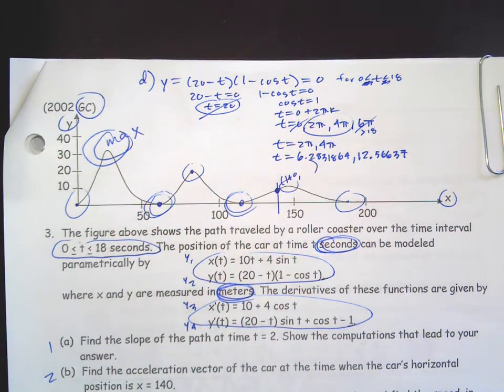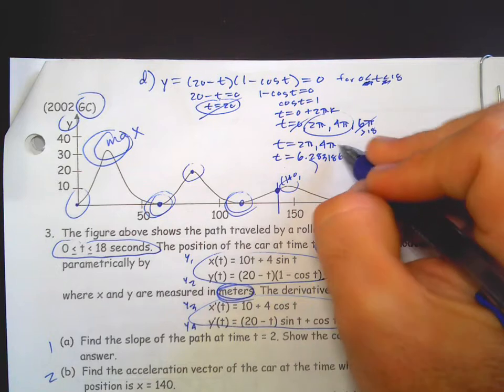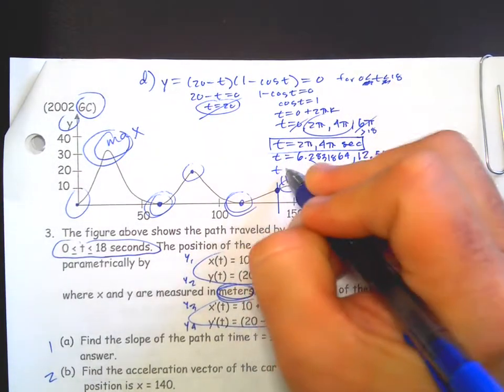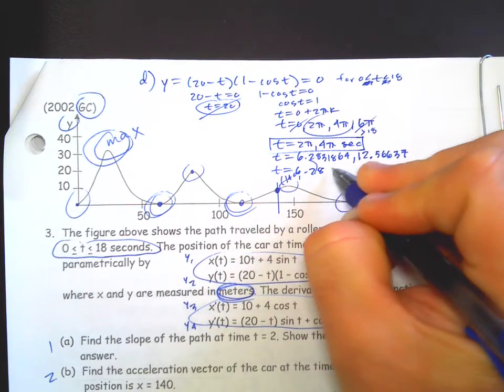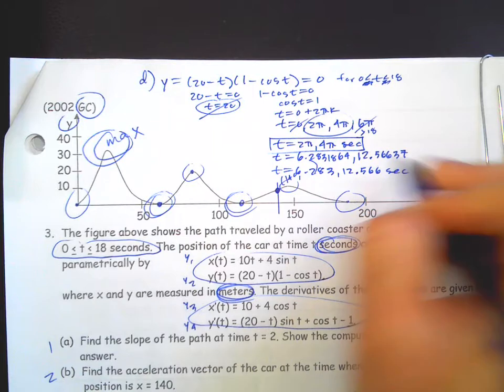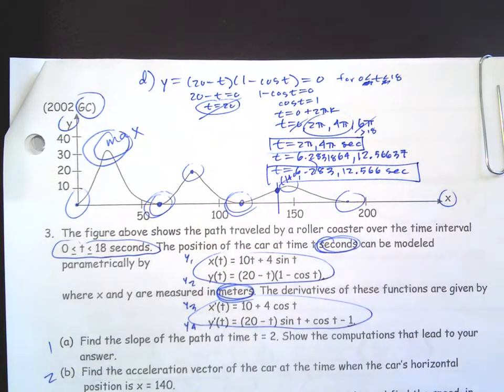So we found those. So we could say that seconds, or we could round 6.283, round or truncate. So you could do that. So that's the first part.